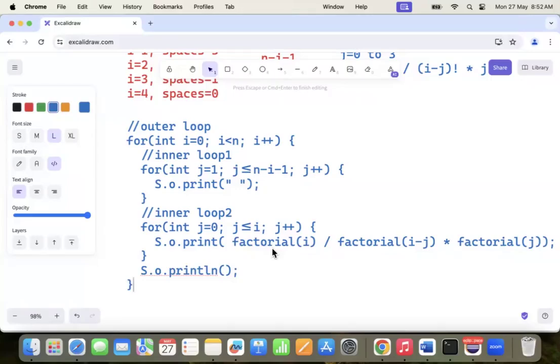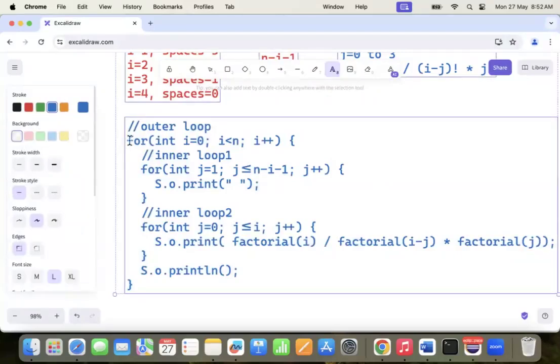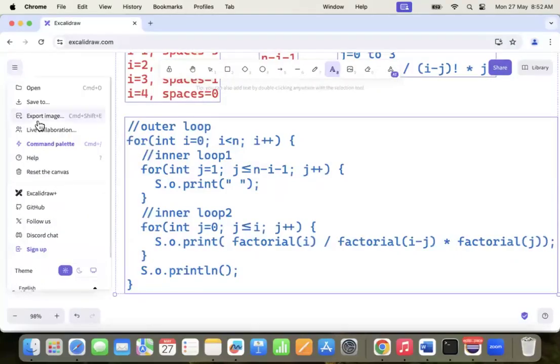This is a very important program for you guys. So logic I gave. Please try this program by yourself. Tomorrow I will also write the code for this. Now I will just give you this entire image in the chat.